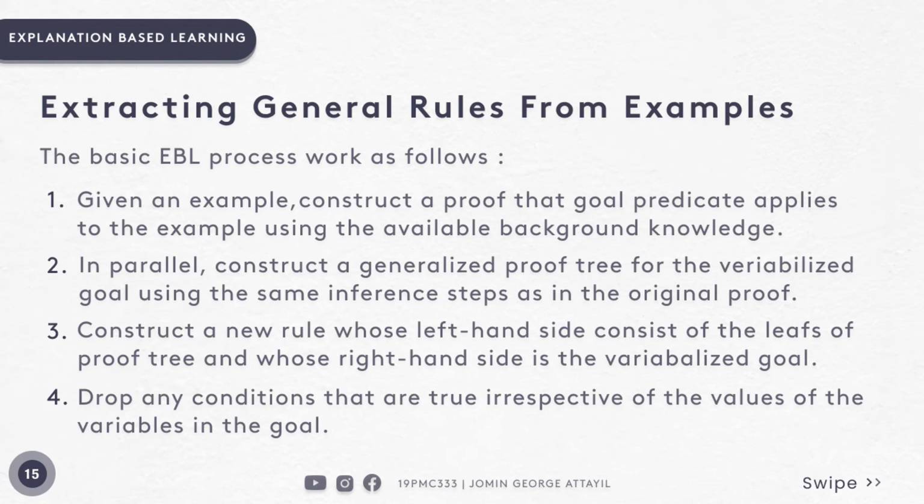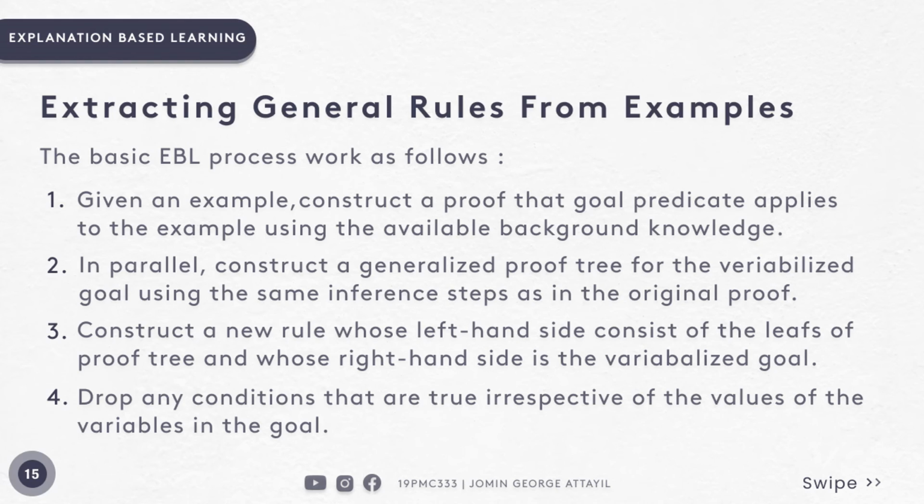And this is the basic EBL process, which works as follows. First, we construct the proof tree by applying the background knowledge, and simultaneously we construct a generalized proof tree by using the same inference steps as per the original proof.